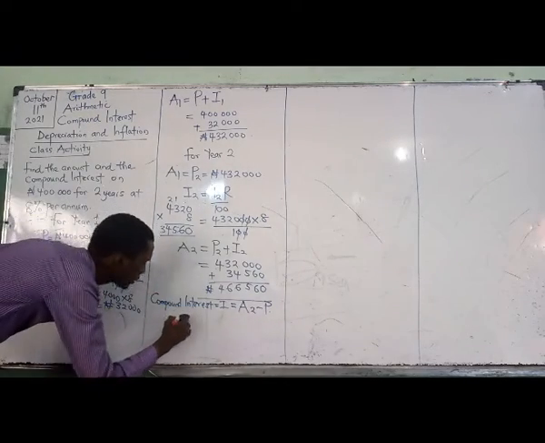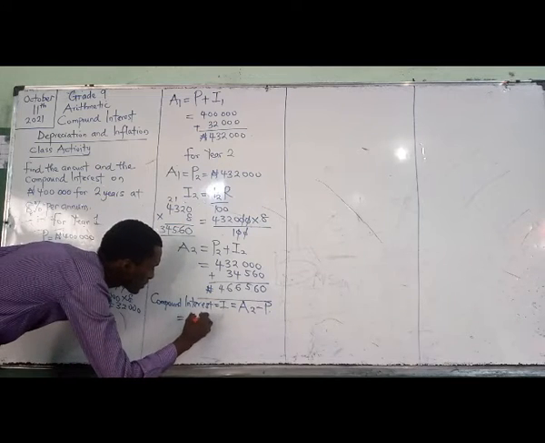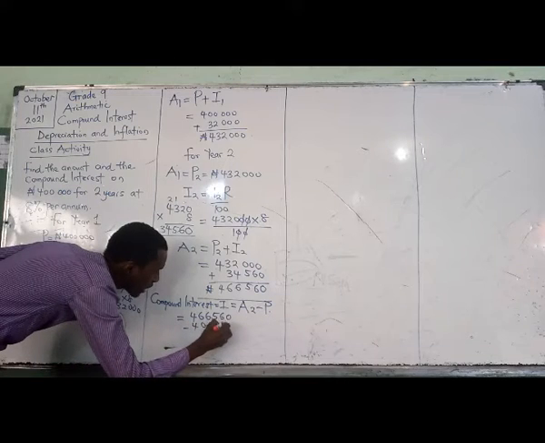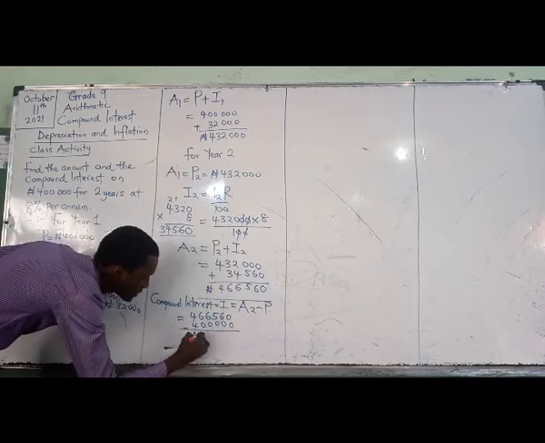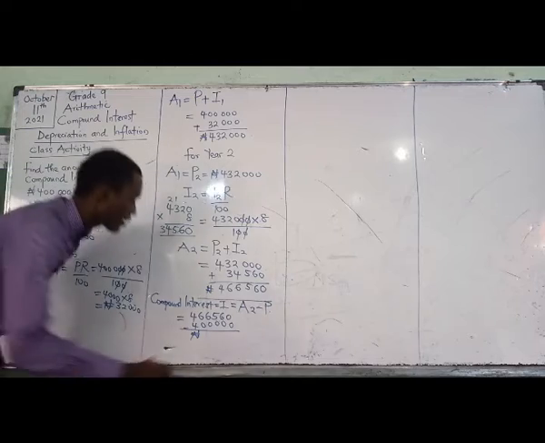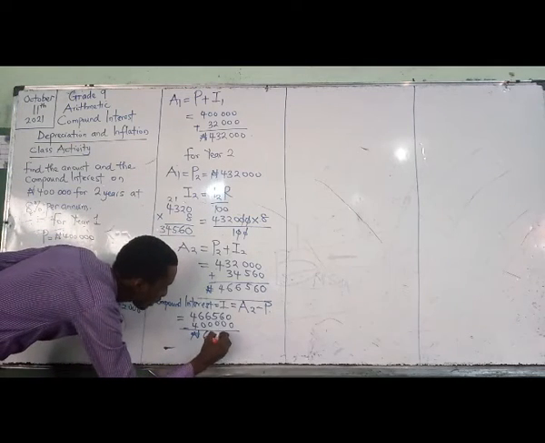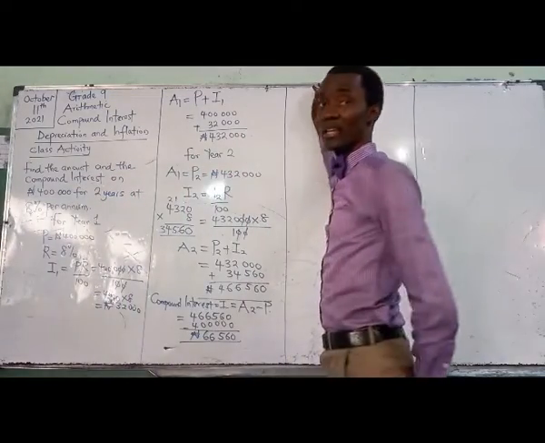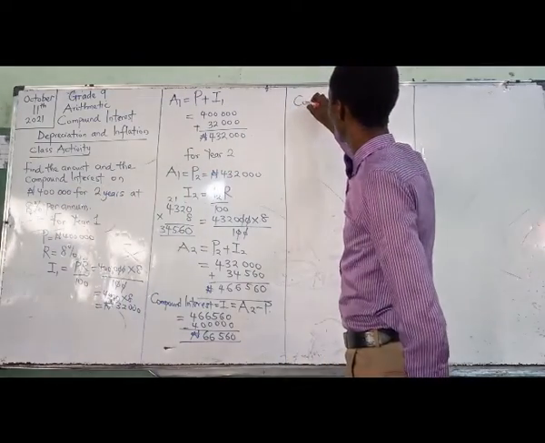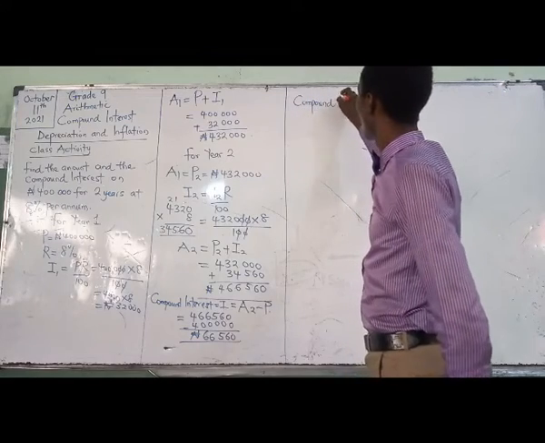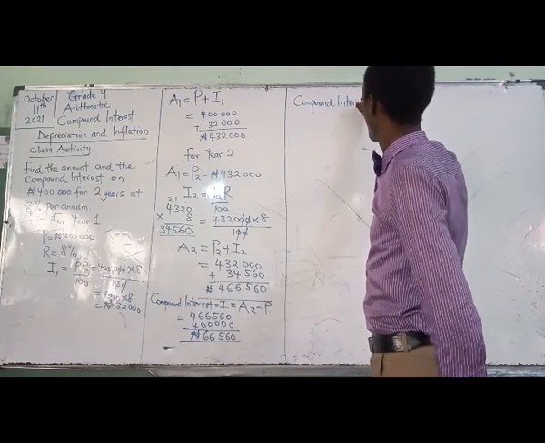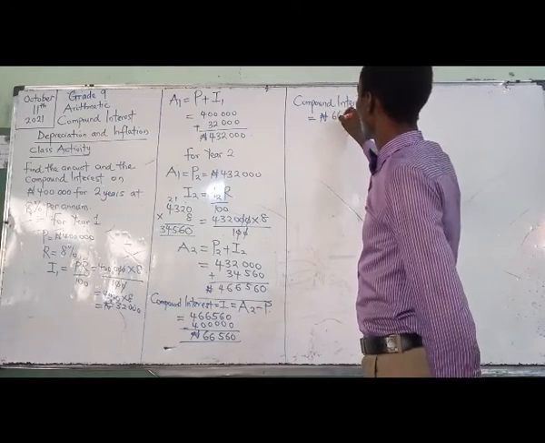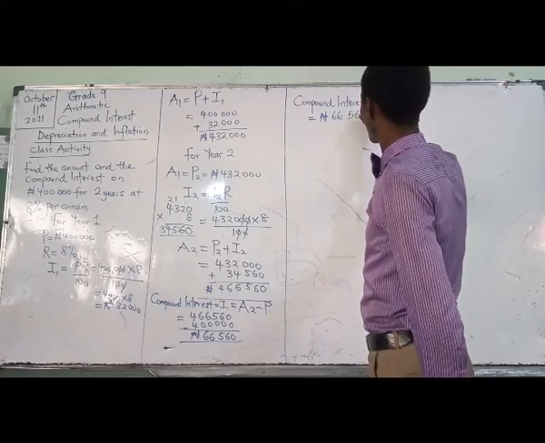So I'll come here. This will simply be 466,560 minus 400,000. And if you do that right, this will give you an answer of 66,560. So we can come here and clearly state that our compound interest will be equal to 66,560 naira.